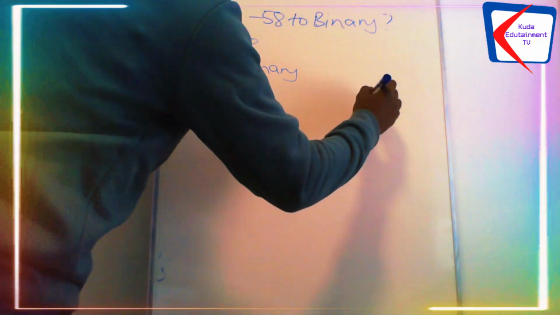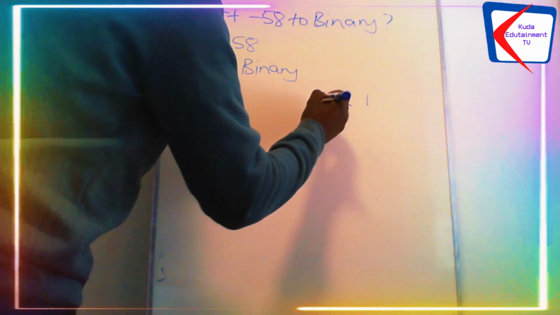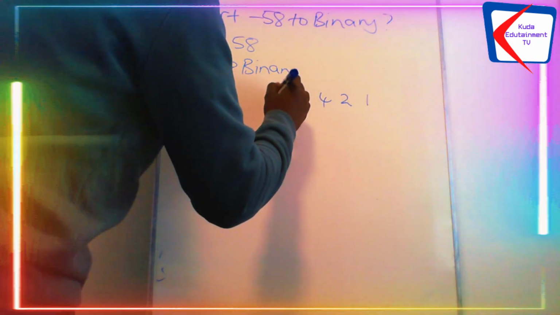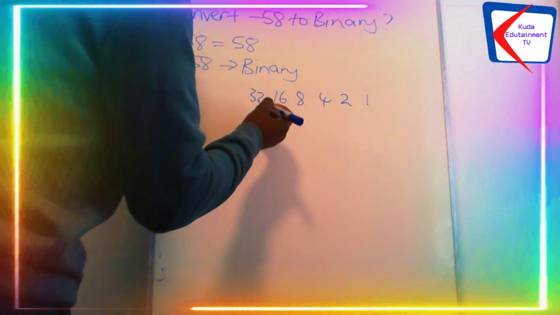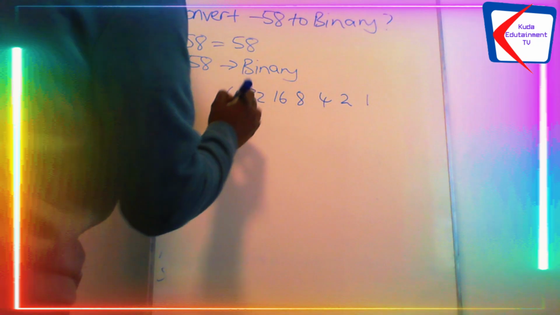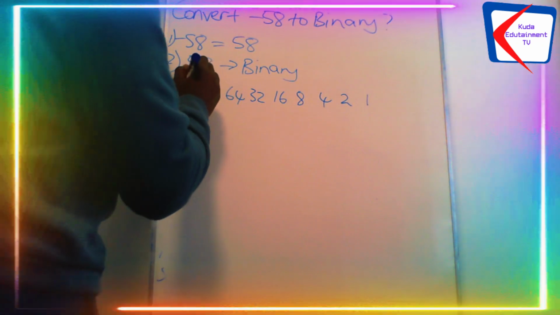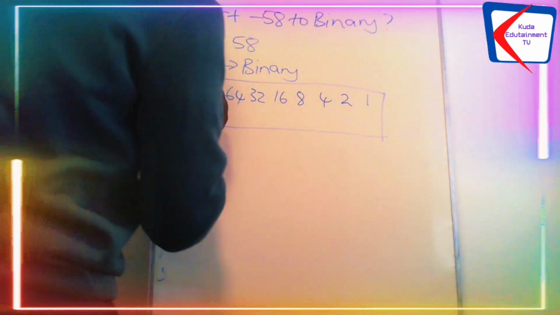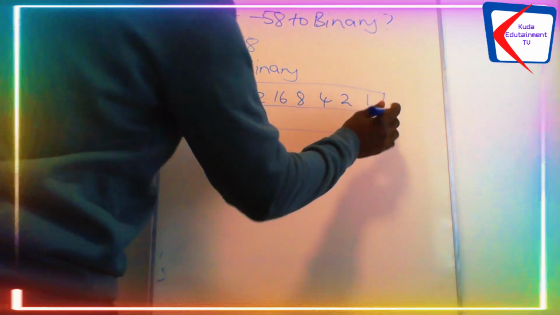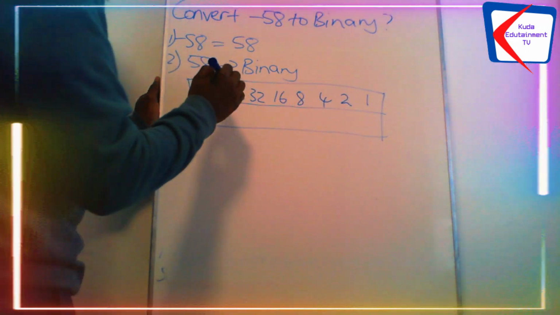So you have 2 to the power 0, which is 1, 2 to the power 1 is 2, 2 to the power 2 is 4, 2 to the power 3 is 8, 2 to the power 4 is 16, 2 to the power 5 is 32, 2 to the power 6 is 64, 2 to the power 7 is 128. These are the 8-bit binary units that we have. Now we need to consider all the units that, added together, will give us 58.